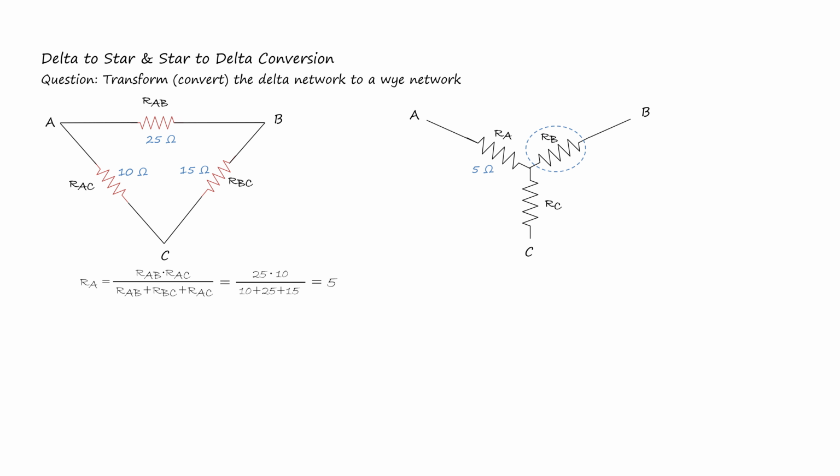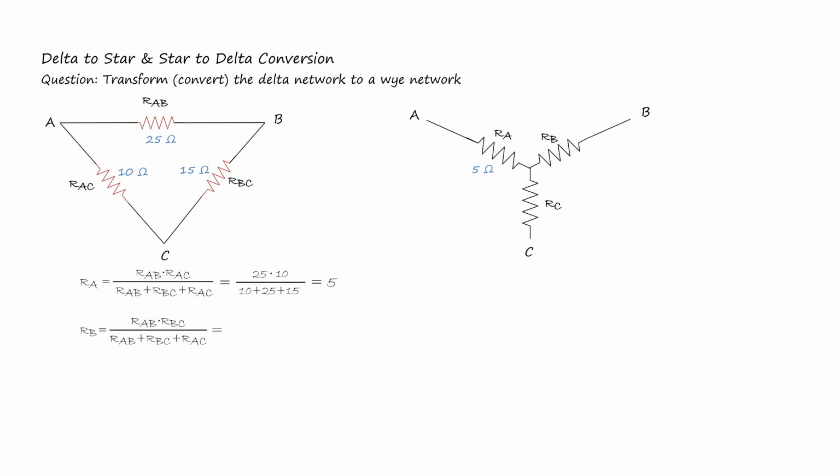Now let us find RB. From the formula, RB is equal to RAB times RBC over RAB plus RBC plus RAC, and then we substitute. We have RAB 25 ohms and RBC, which is 15 ohms.